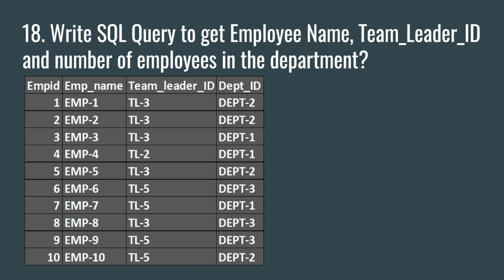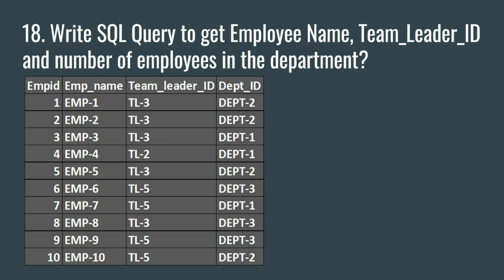They are asking us to get the employee name, the team leader ID and the number of employees in this department. The number of employees will be counted based on the department, but they require the employee name as well as the team leader ID in the output.